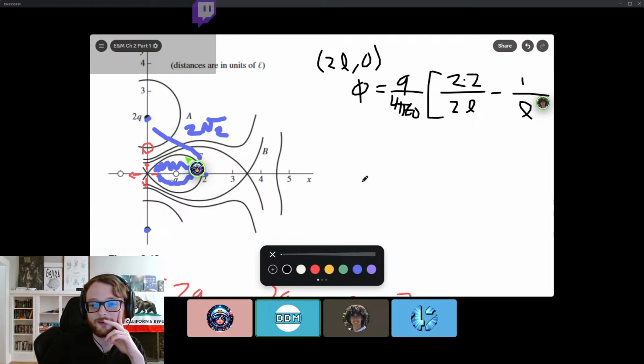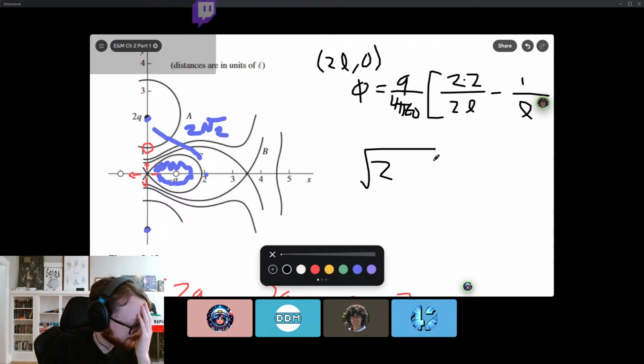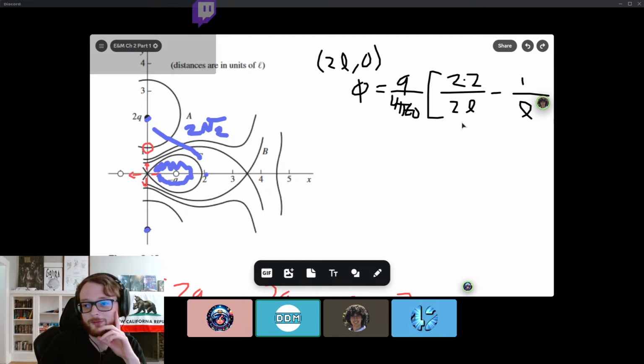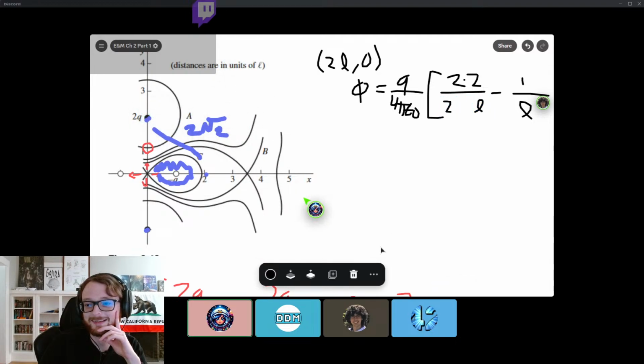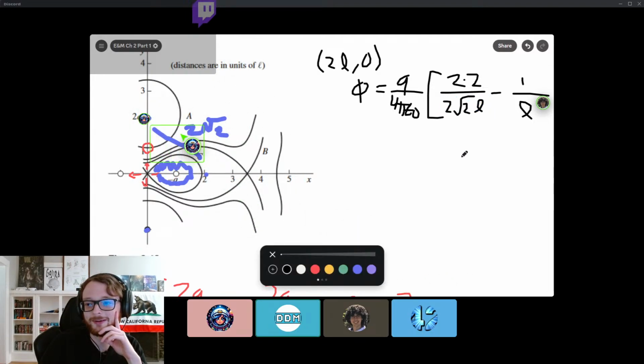Wait, if it's a, oh, what did I do wrong then? 2L squared. Oh, because I didn't add them. Yeah, it is 2 root 2 L. Thank you, Phobos. No problem. Right, it's root 8, not root 4.